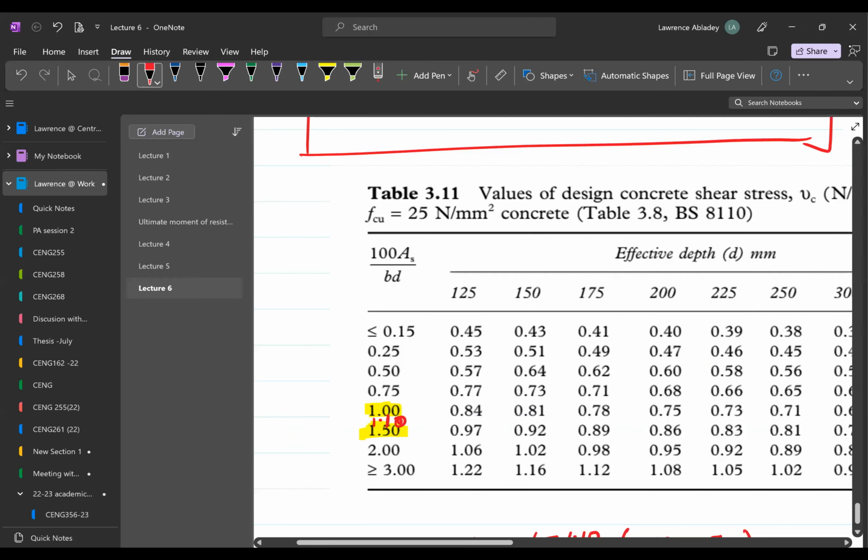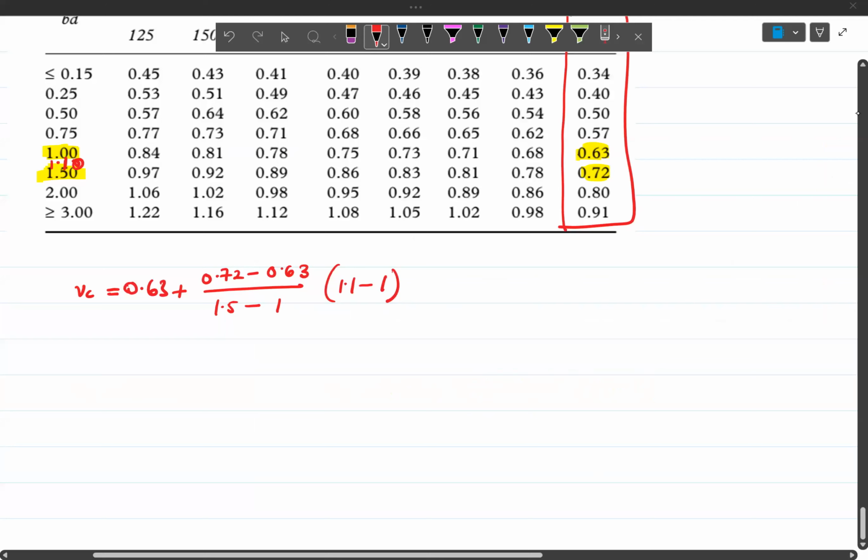Let me cross-check this quickly. All right, so I think this should be the correct thing.